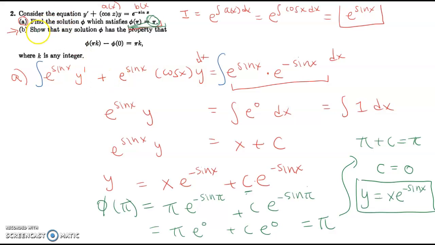Okay, so that was part A. I will leave part B to you guys, and now you can utilize this. You can just write this as theta of x. So you can use this equation, plug in the appropriate values for x, set that equal to pi times k, and your task is to find the value of k.